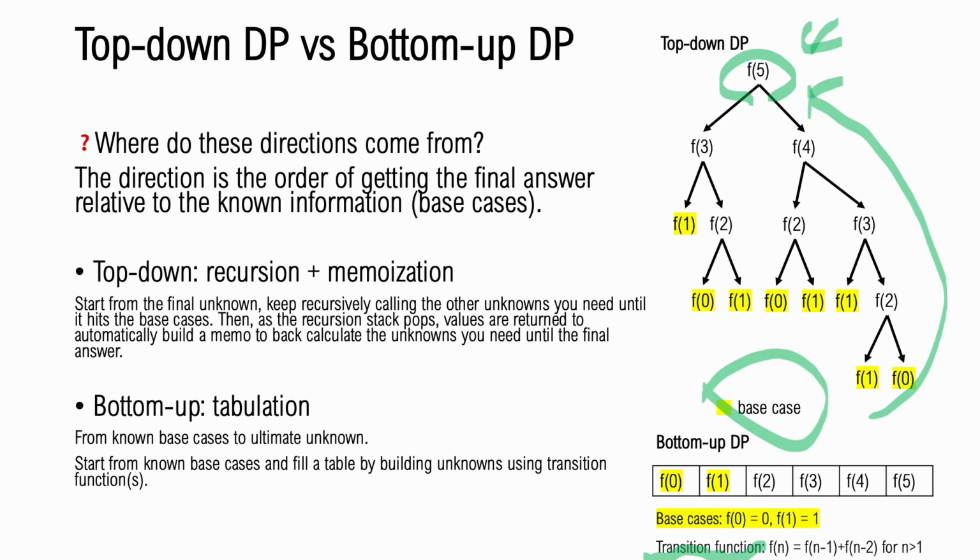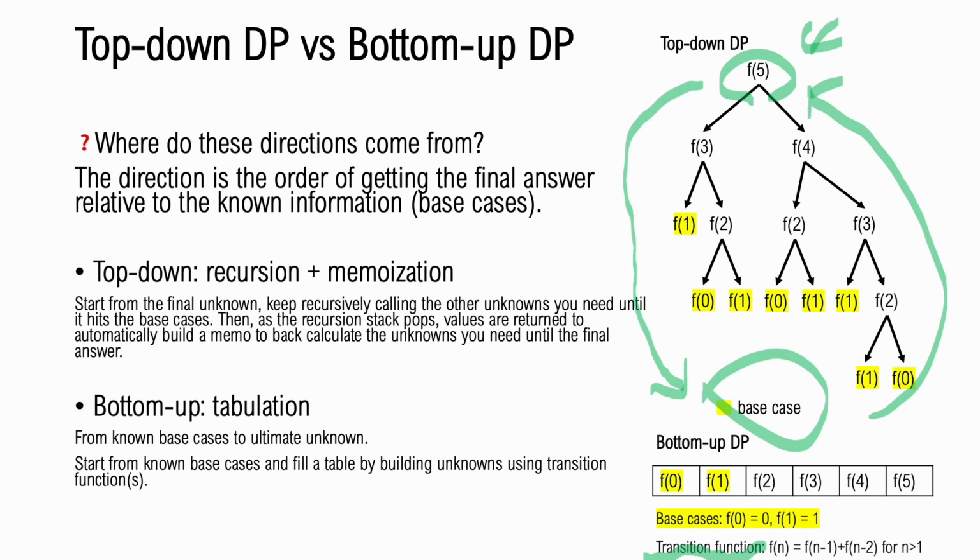By using recurrent, you start from the final answer by recursively calling the sub-problems until you hit the base cases, and then the recurrent stack will start popping, and the values and the popping of the recurrent stack will help you automatically build the table. But in the bottom-up approach, you build the table by yourself, starting from the base cases, using the transition function.